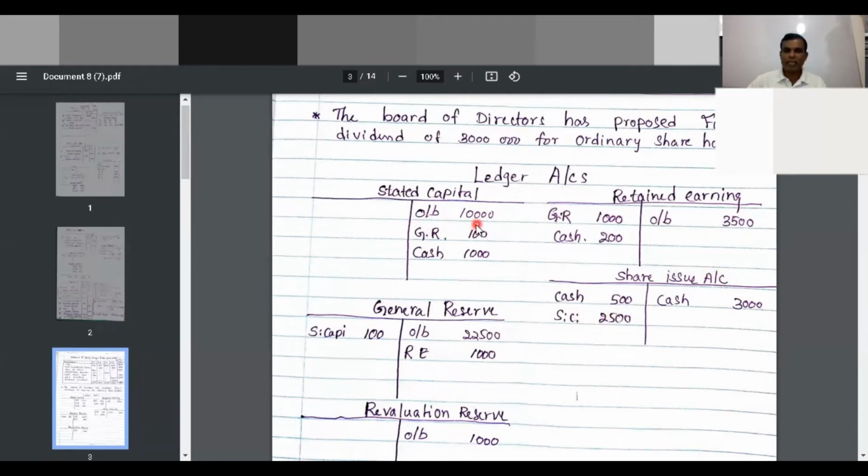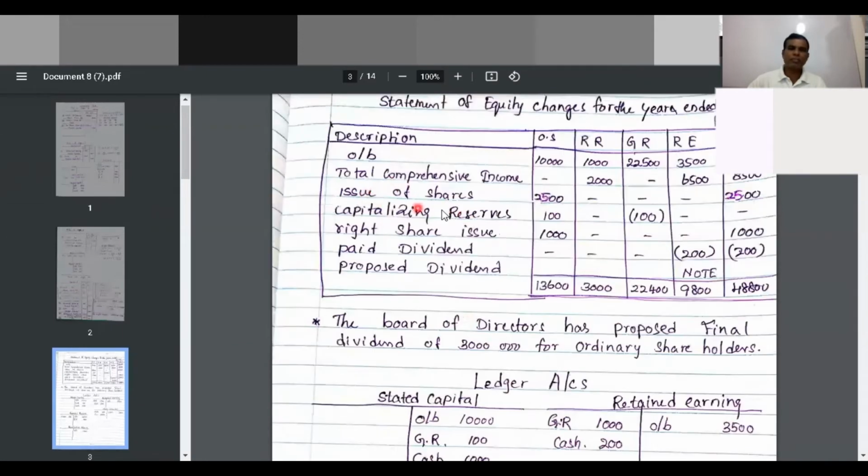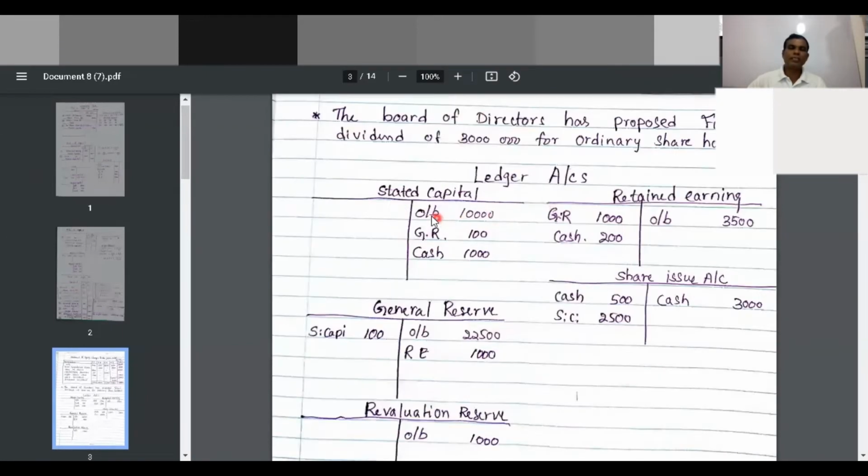Here you can write it as share issue account 2,500 credit. I have missed it here, but you see 2,500 should be there. Then in the ledger account as well, share issue account debit, and the stated capital account should be credited.